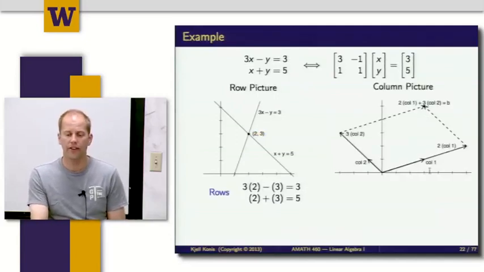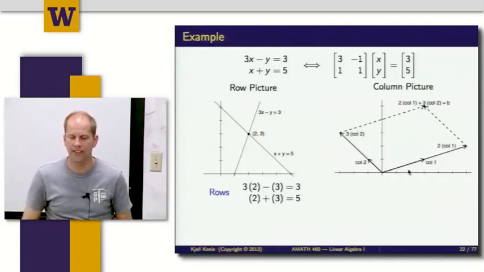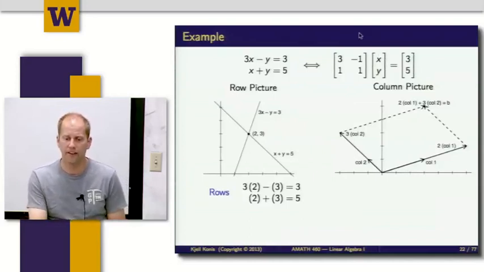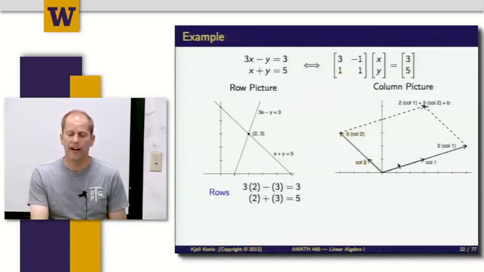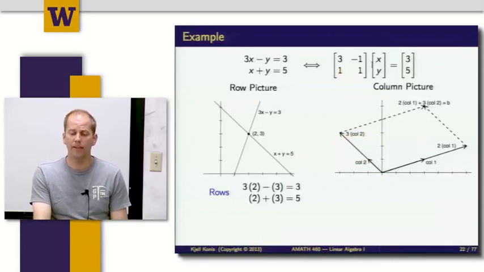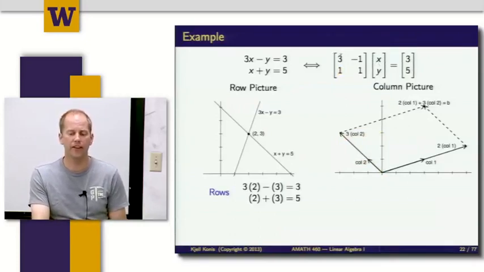I can also draw the column picture. So this one's a little bit trickier to see, but the columns are 3, 1, so that gives me my first column. And so this arrow here, labeled column 1, I go over 3 and up 1, so this is column 1. Column 2 is negative 1, 1, so that's this vector here, and it's labeled column 2. And then I'm looking for a linear combination, so I'm looking for something times column 1 plus something times column 2 that's going to equal 3, 5.